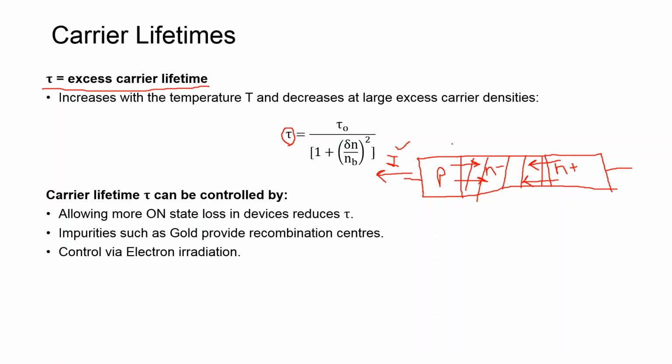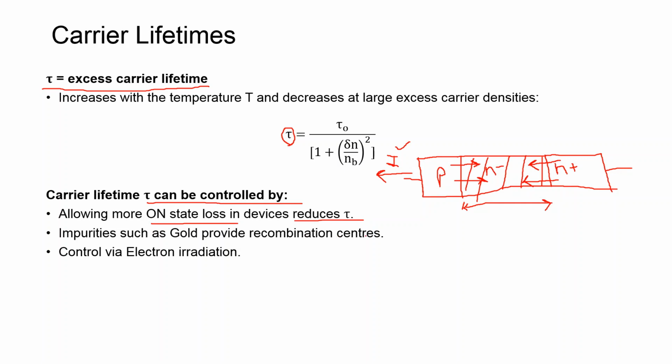If tau is more, more time will be taken by these charges to recombine, and switching time will be more. So the switching frequency of this device will be less. Now this tau can be controlled by many methods, as we can see from here, that if the on state loss of this region is increased, then it will reduce tau.